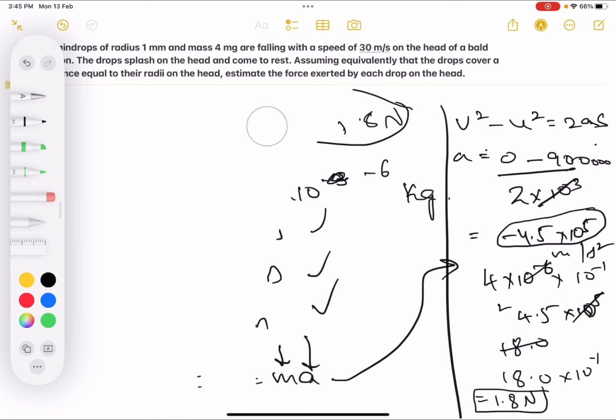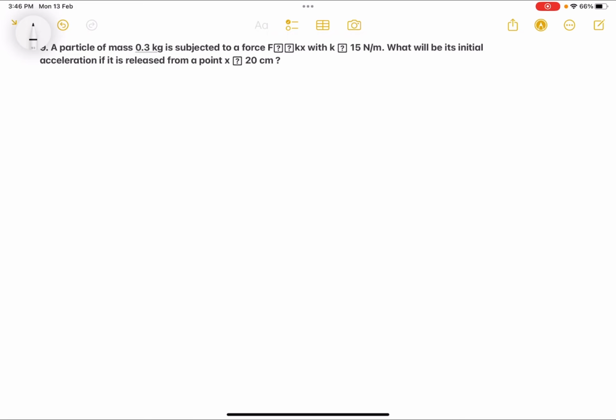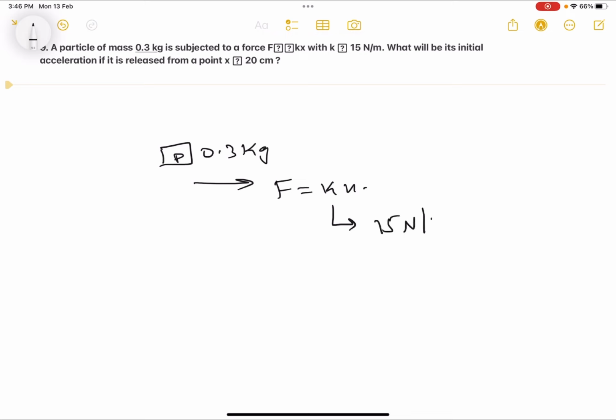Now, moving on to the next question. So the next question, or the ninth question, is: a particle of mass 0.3 kilograms is subjected to a force of F, okay, so force F is equal to Kx with a K of 15 Newton per meter.